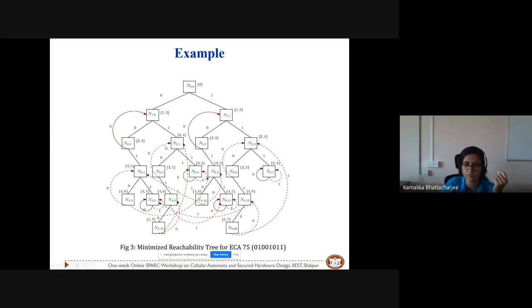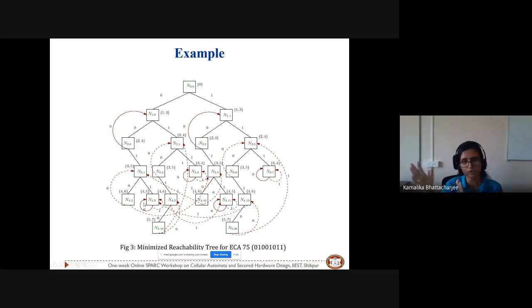Those loops are also not relevant, because once we are using this loop, the subtree is automatically generated. So there is no need of using this loop again, because through this subtree itself the other nodes will be generated automatically.